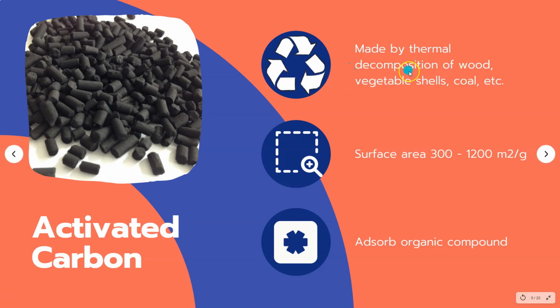There is a lot of research going on to make activated carbon. Usually the activated carbon has a surface area around 300 to 1200 meter square per gram. That's the surface of the adsorbent. Its main function is to adsorb organic compounds.